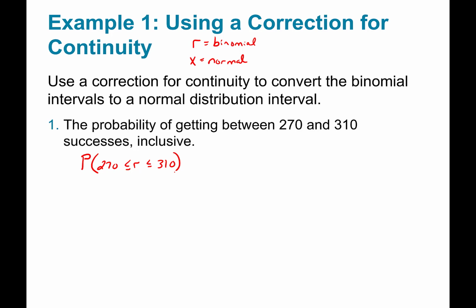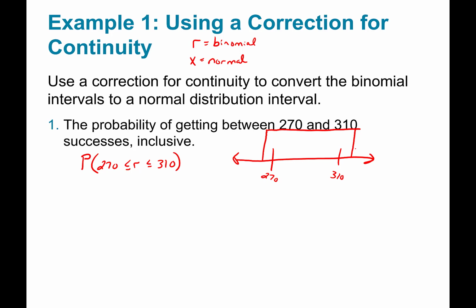Now we want to do the continuity correction. If we think about this interval on the number line, the bars for our histogram actually stop at 0.5 below and 0.5 above those values.